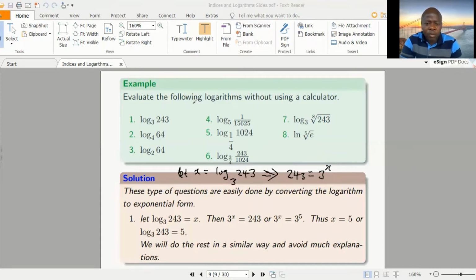Now, we were told to do this question without using a calculator. That means that 243 can be expressed in terms of 3. Whenever this question is asked, you must think of a way of writing 243 in terms of 3.